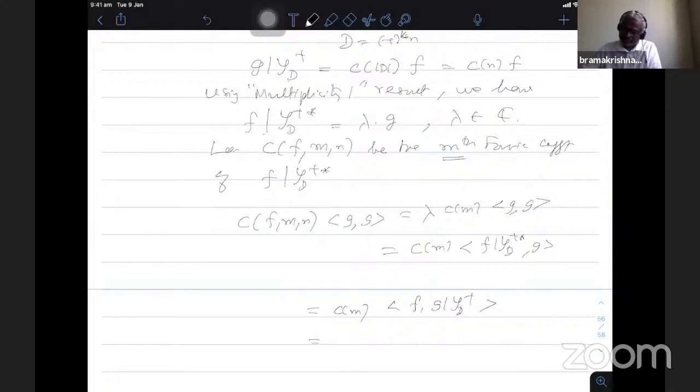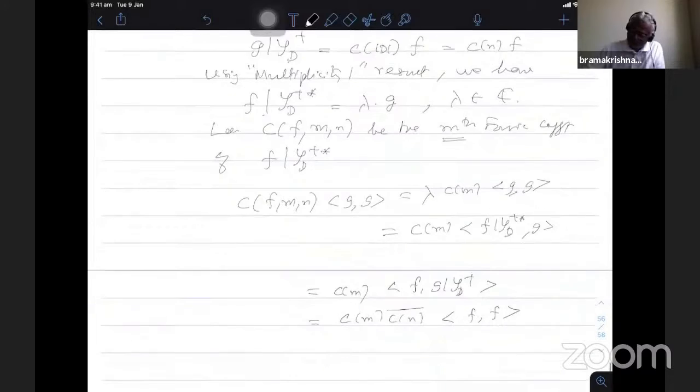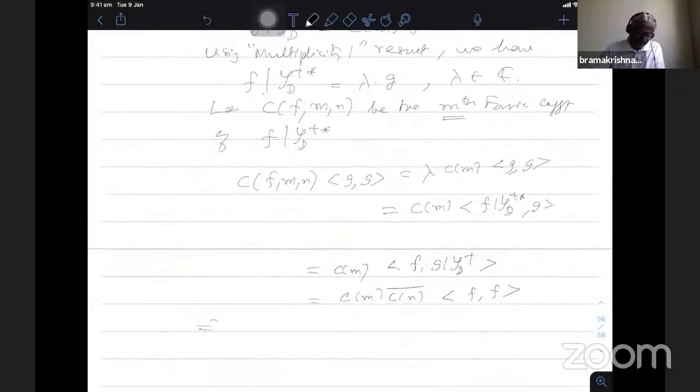Okay, since f bar G bar S D plus is C of mod D, therefore, C of m. This is C of n actually. C of n bar inner product f comma f. Okay, so this implies I get Cm Cn bar by G G. What I have to show?